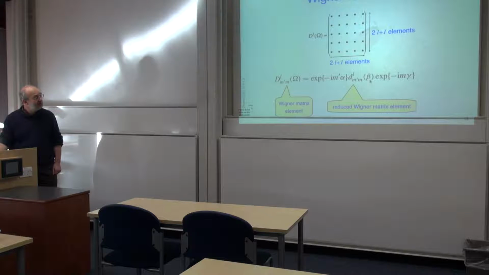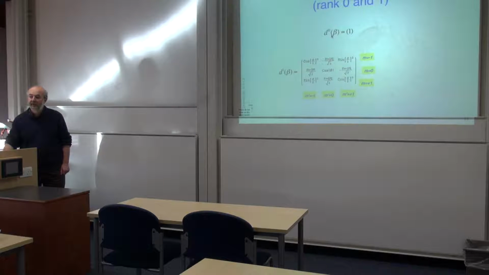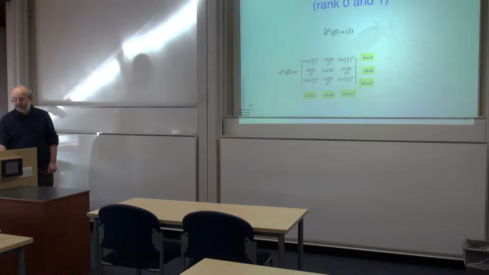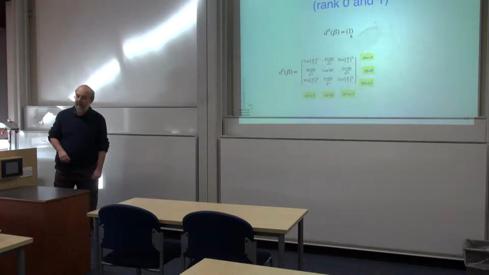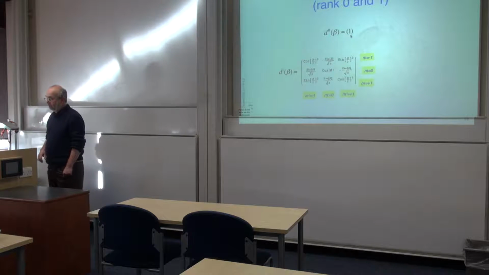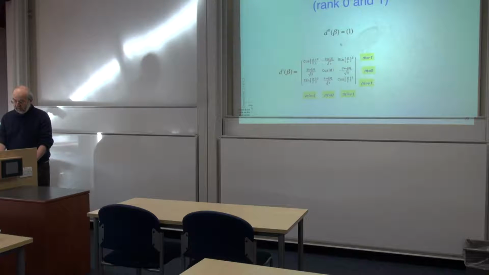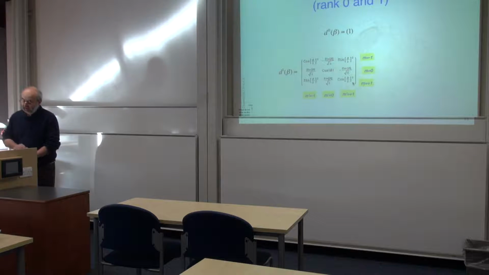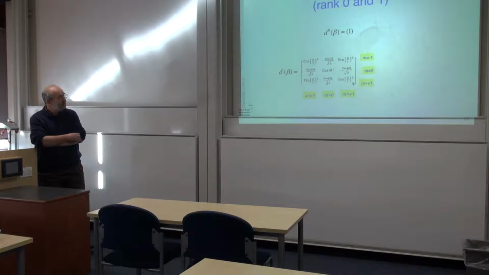So let's just look at two of them. Rank 0, the reduced element for beta is just the number 1. That's all there is to it. That just means that any rotation through beta just leaves things unchanged. And then rank 1, you have basically some trig functions for the nine elements, which can be looked up in a text.